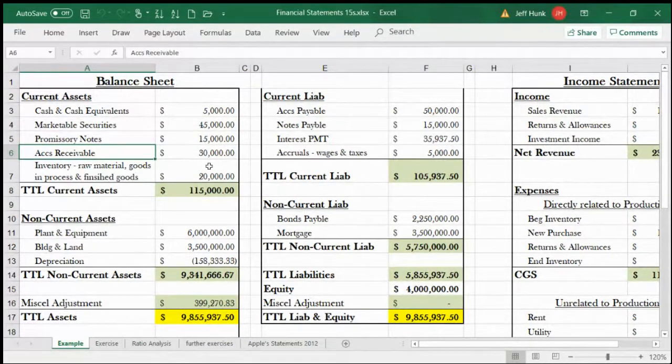Now, second, accounts receivable. The semantics of accounts receivable is quite obvious. It is telling you that it is something you still have to receive, right? The payment you still have to receive.